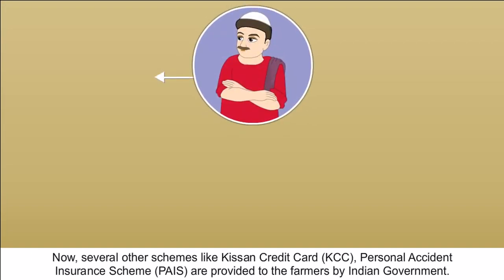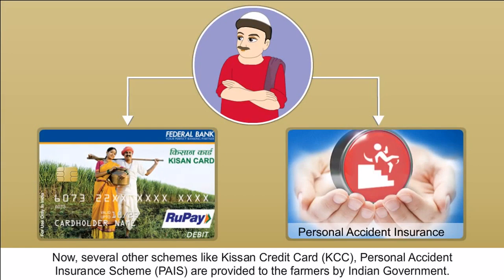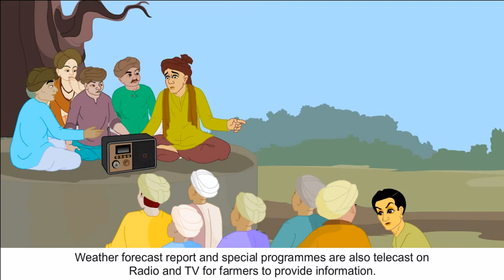Now several other schemes like Kisan Credit Card or KCC, Personal Accident Insurance Scheme or PAIS are provided to the farmers by Indian government. Weather forecast report and special programs are also telecast on radio and TV for farmers to provide information.